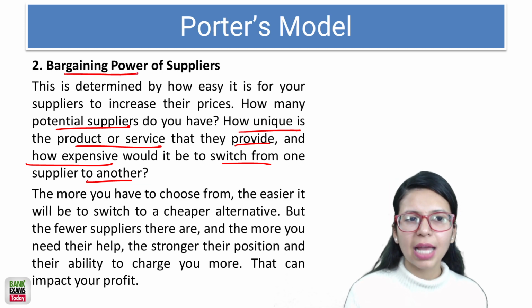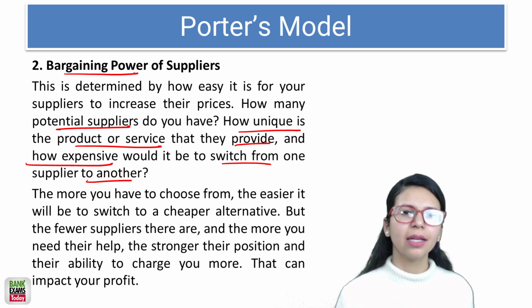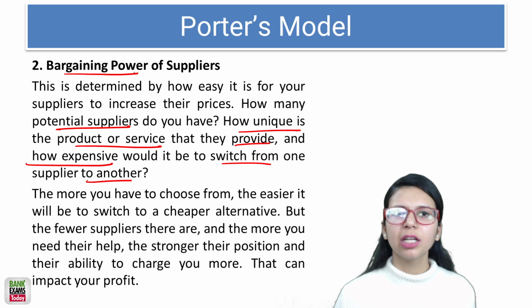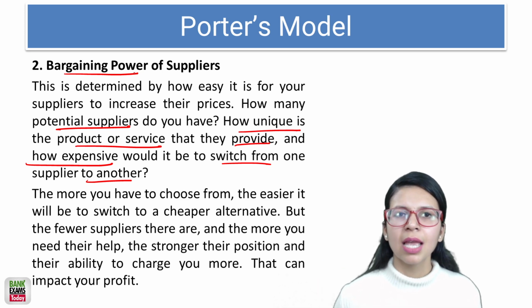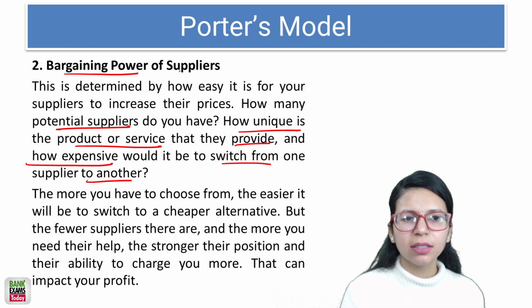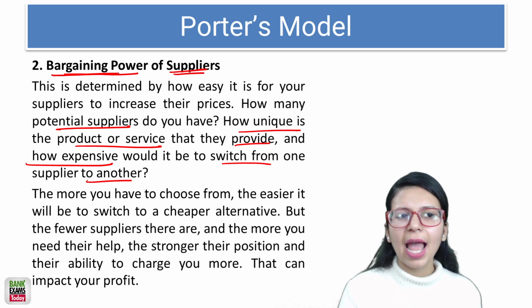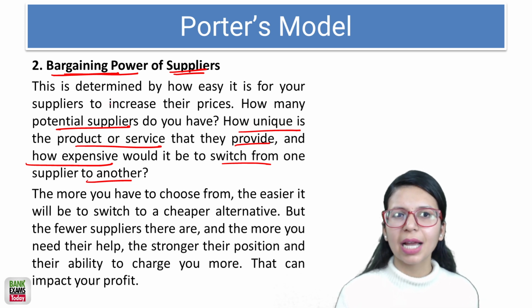Now, what does bargaining power mean here? If the supplier knows that what they supply to our business is unique, or cheaper than other suppliers in the market, then that supplier has more bargaining power.